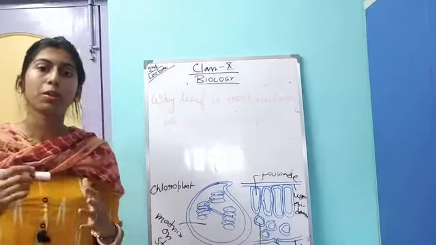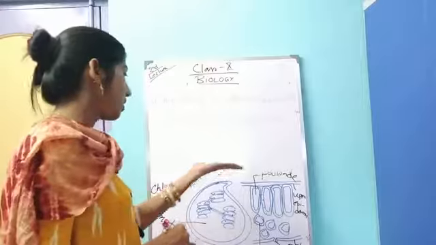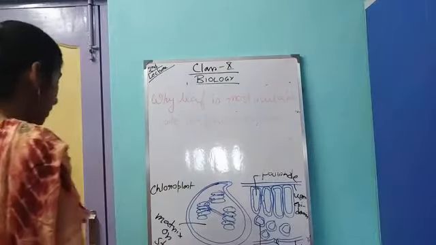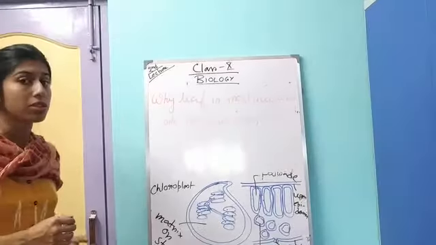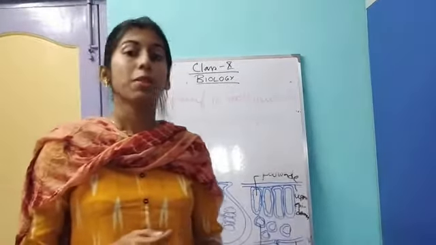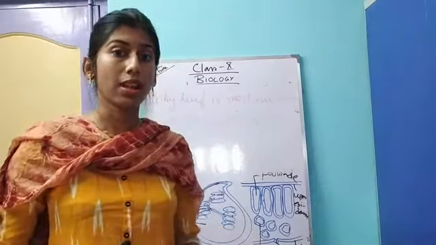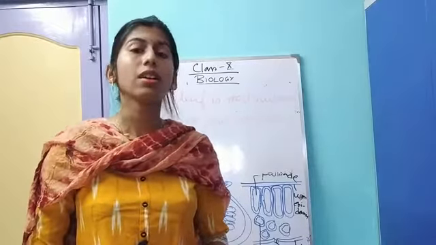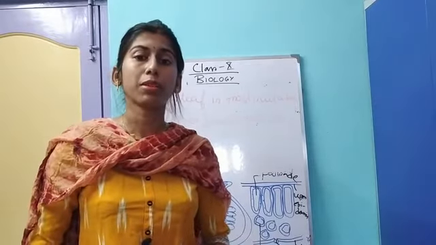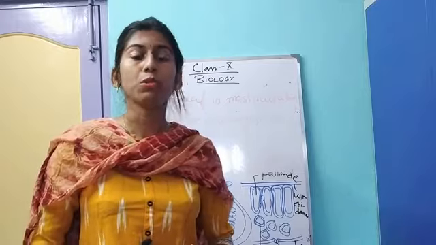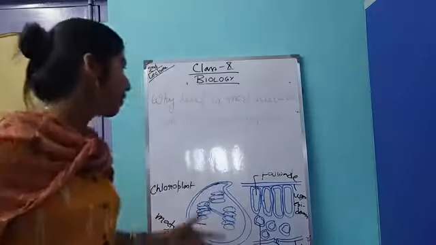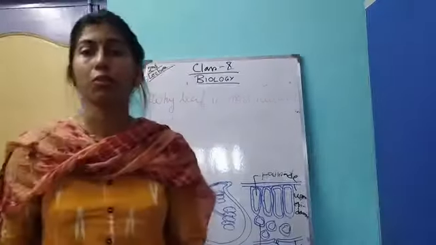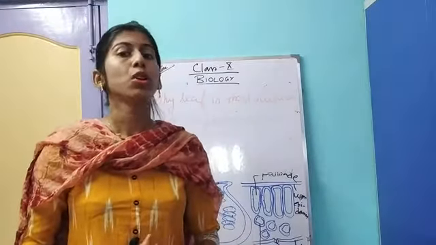A huge number of stomata are present on the surface of the leaf. And the fourth point is abundant vascular supply. You have read the term vascular bundle, that means xylem and phloem. Xylem and phloem help in transporting food and water throughout the plant body. Xylem helps in transporting water and phloem helps in transporting food.